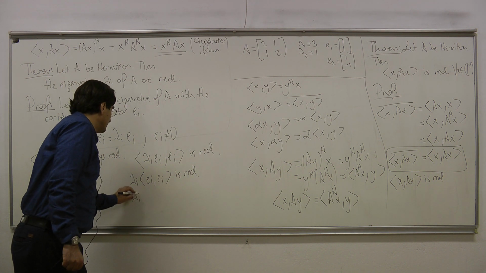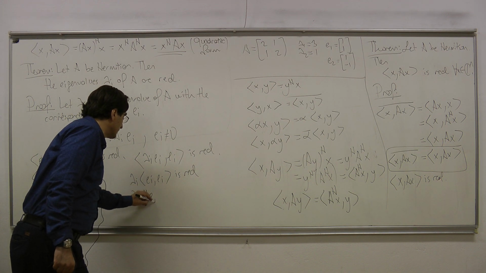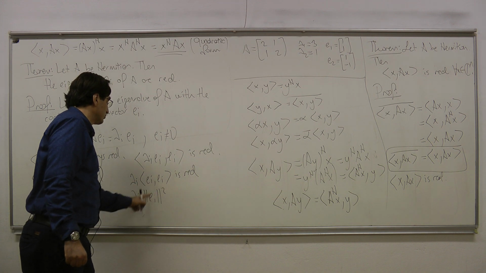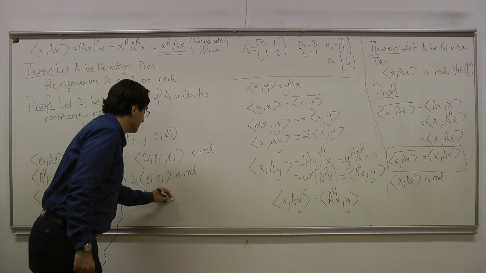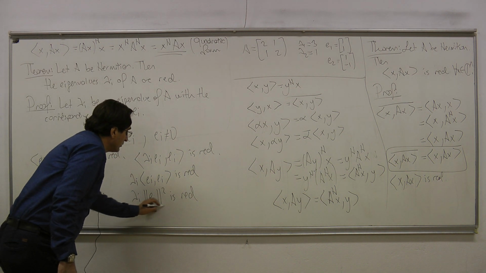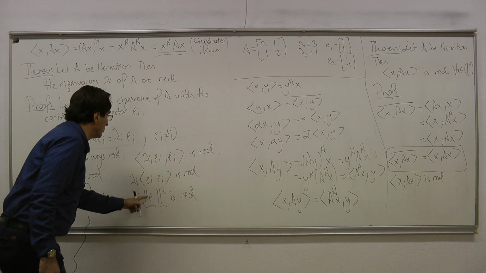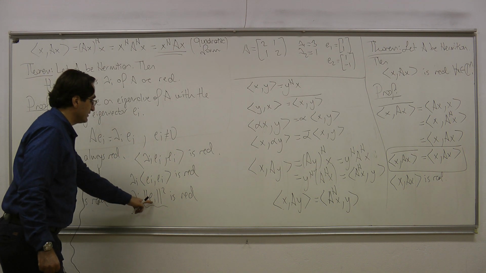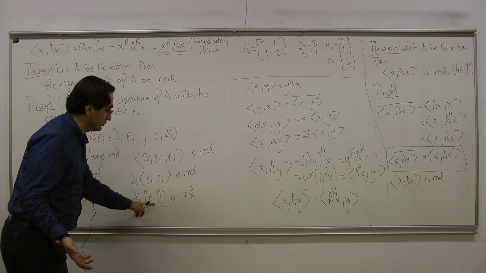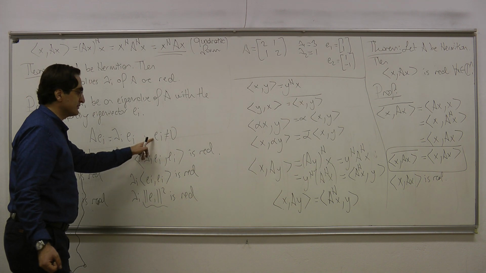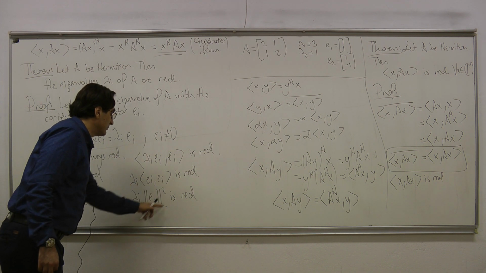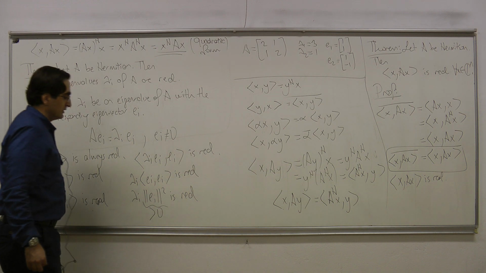You already know that also from the following property: this EI inner product is nothing but the norm square of EI. Why is it positive? Because it can be either zero or positive, and when the vector inside is non-zero, it should be positive. The eigenvector is by definition a non-zero vector. So this is larger than 0.